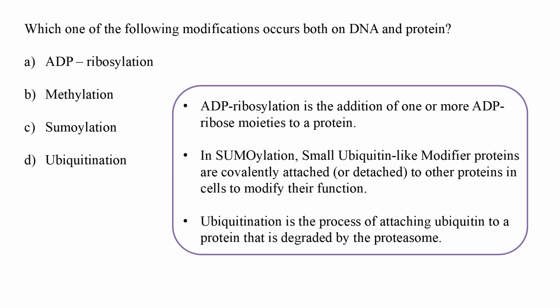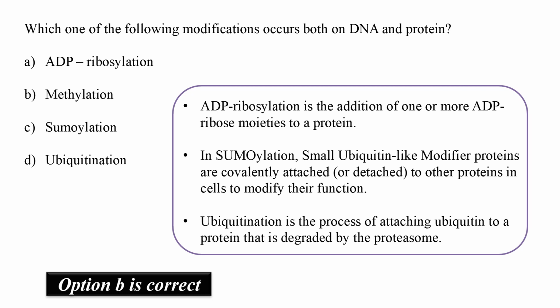Ubiquitination, on the other hand, is the process of attaching ubiquitin, that is a small protein, to a protein that has to be degraded. So all of these occur on proteins, but it is only methylation which can occur both on the DNA and on the protein. So option B will be correct.